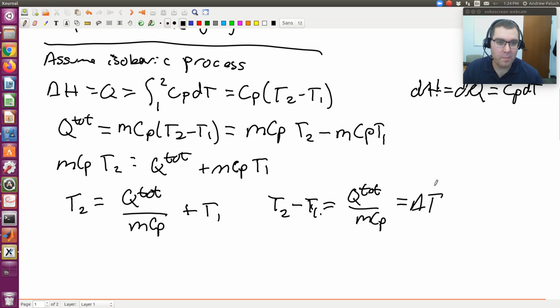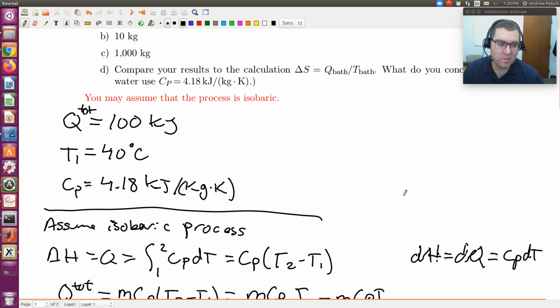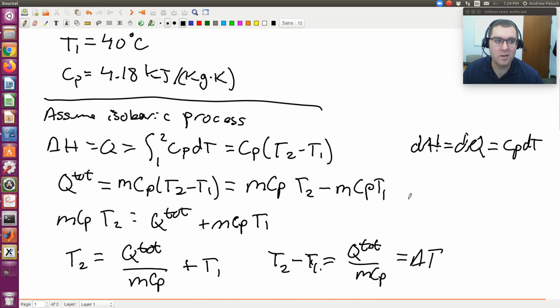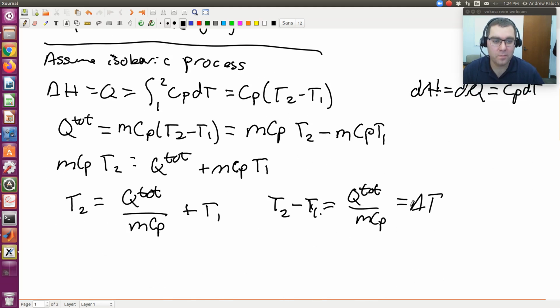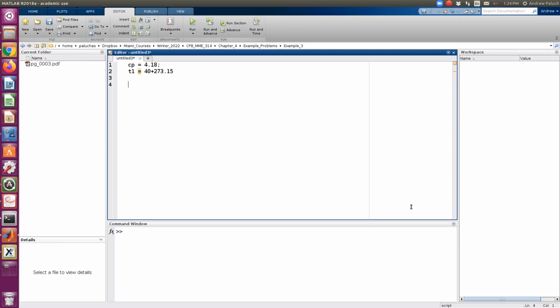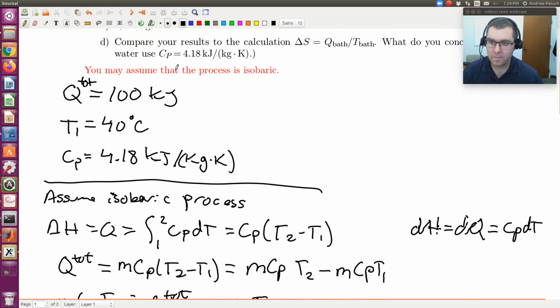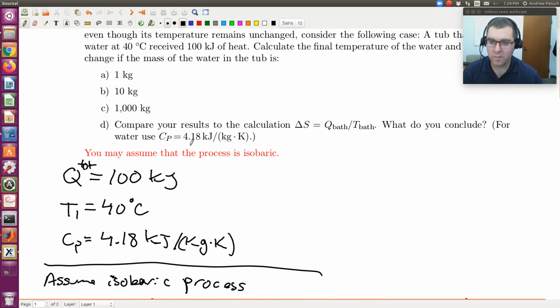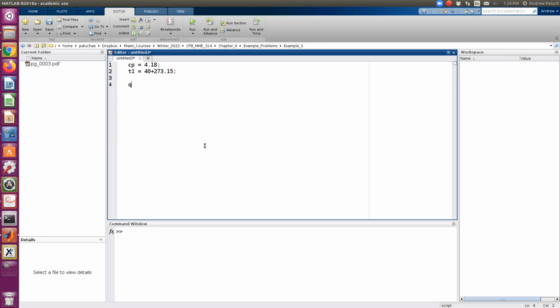That way I'm not worried about the units and converting from Kelvin to degree C and what effect that has on that difference. Okay, so there's T1. I'll convert it to Kelvin, and then Q total is in kilojoules. That's perfect because Cp is kilojoules per kilogram Kelvin.